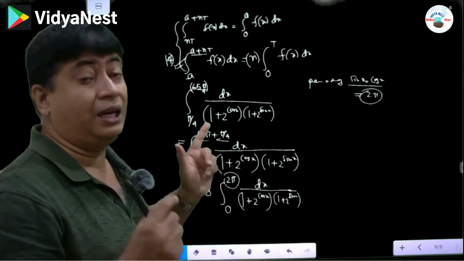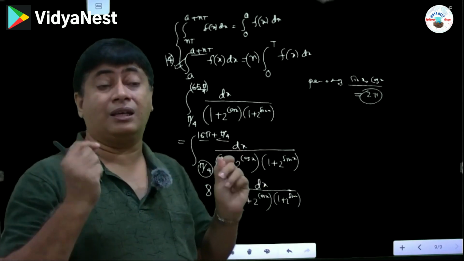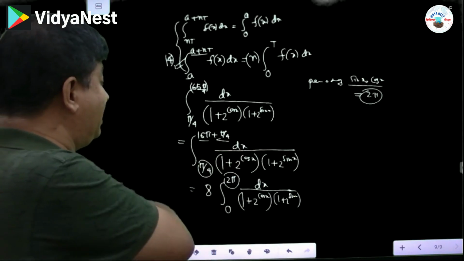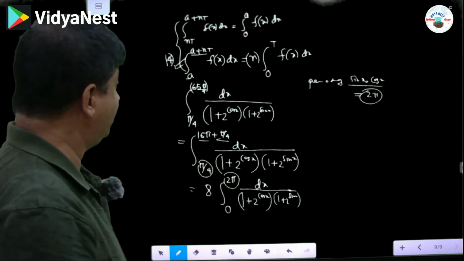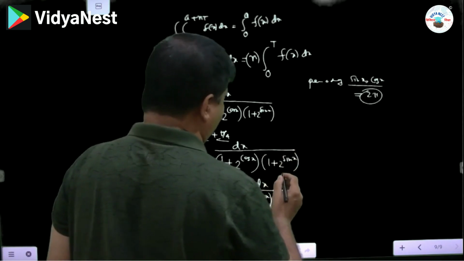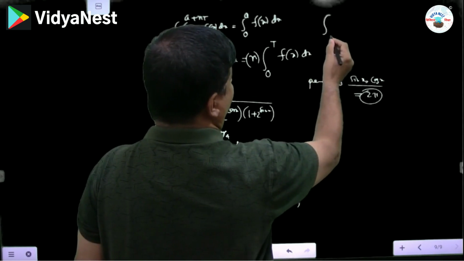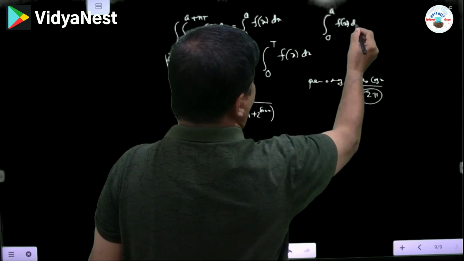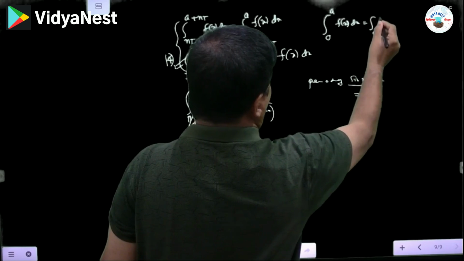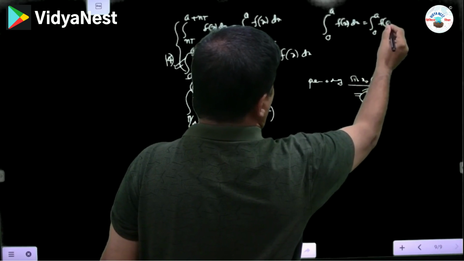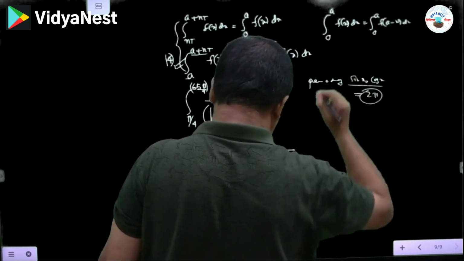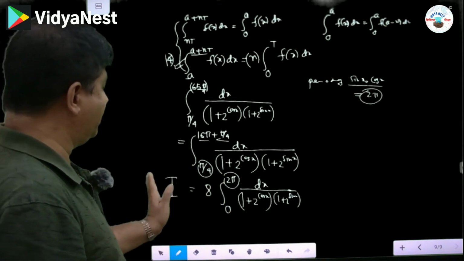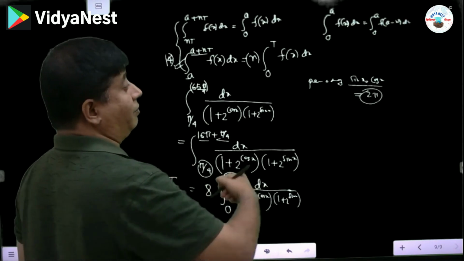No. One new concept is knocking at the door, that is King's method. What is that King's method? See, King's method, you just follow that property number 4, integral 0 to a f(x) dx equals integral 0 to a f(a minus x) dx. So I will let this thing be I, and I will use that formula.